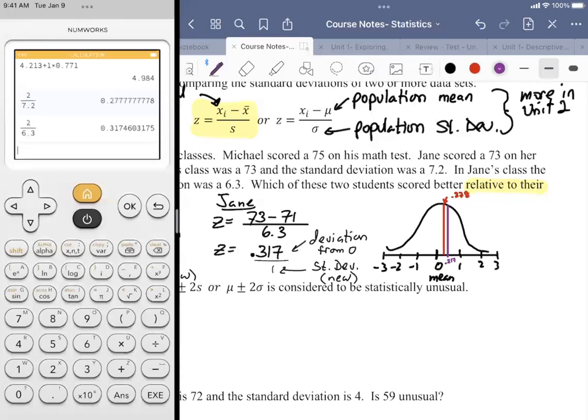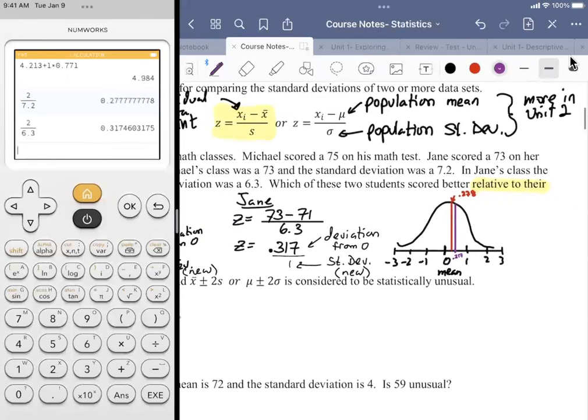That's because it took fewer strokes for you to get the ball into the hole. If it took a person 100 strokes to get the ball in the hole and it only took me 3, I'm probably a better golfer, right? So that's the idea there. You just got to look at it and say, okay, is a higher number a better score? So in this case, yes. So we would say Jane performed better relative to her class.